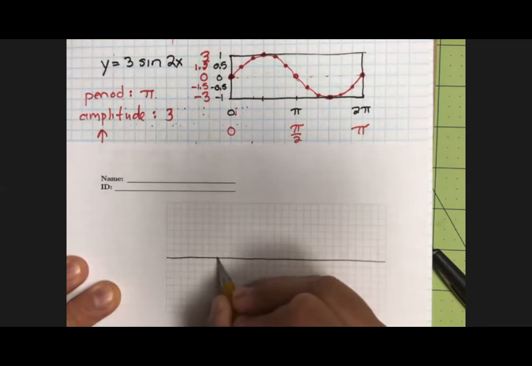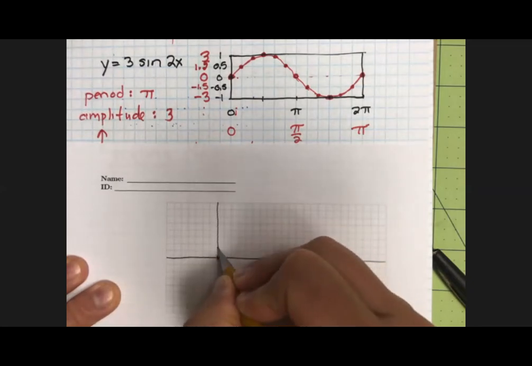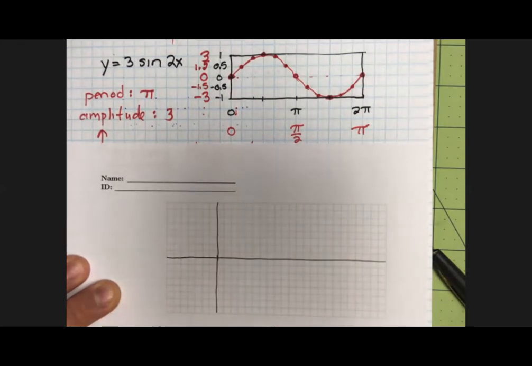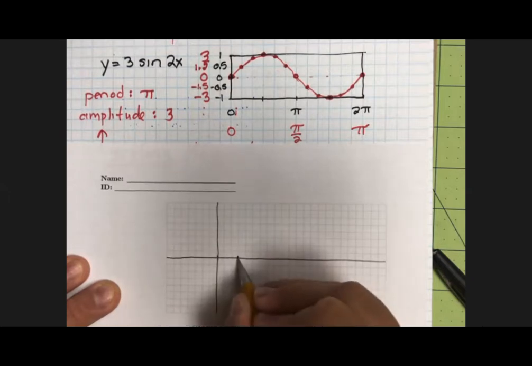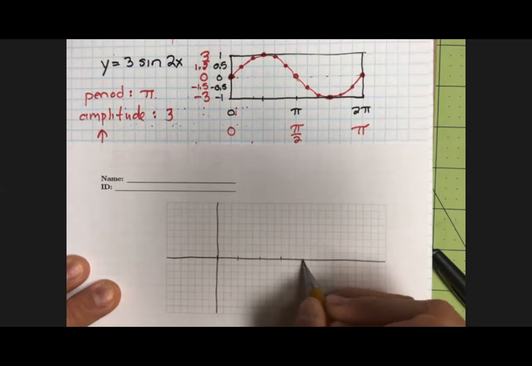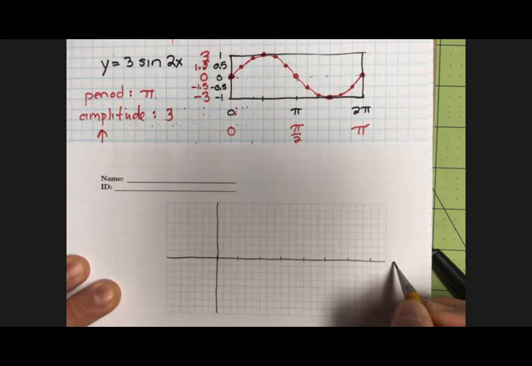So let's put my vertical axis here, where I can easily get 12 plus 12, 24 boxes. Let's count. 3, 6, 9, 12. 3, 6, 9. Look at that. I came up one silly box short.